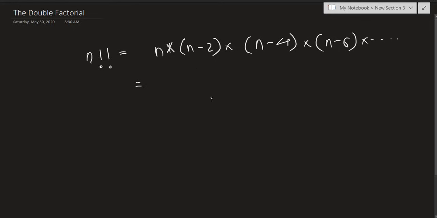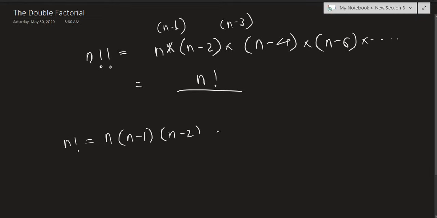We can represent this using the ordinary factorial, but we have to divide out these n minus 1, n minus 3 terms, because the factorial has all these terms, right? n times n minus 1 times n minus 2 times n minus 3 times n minus 4, and so on. But we don't want these n minus odd number terms. So we'll have to divide them out of the regular factorial, right?